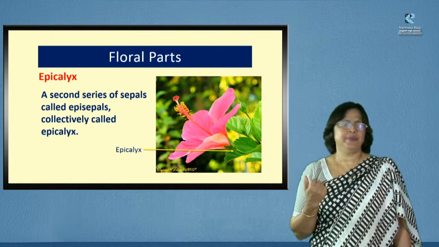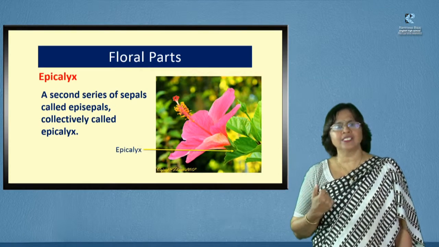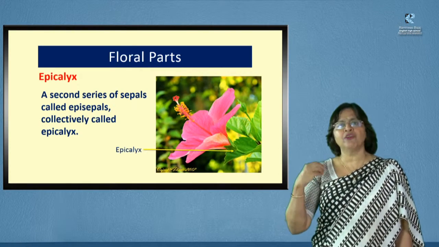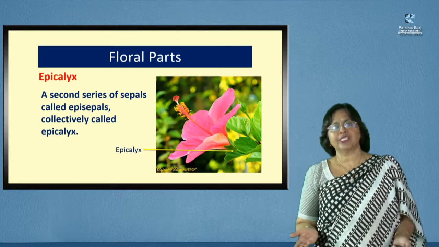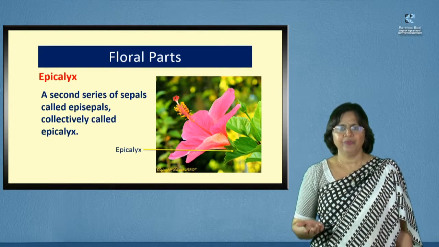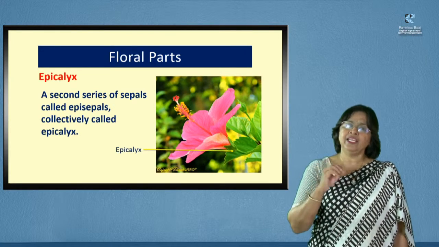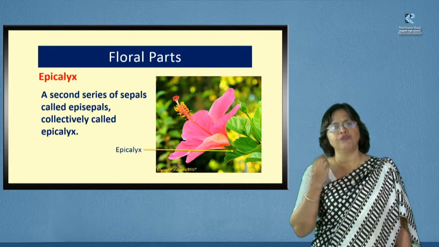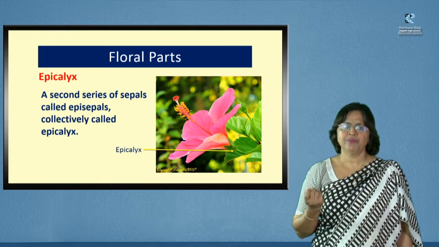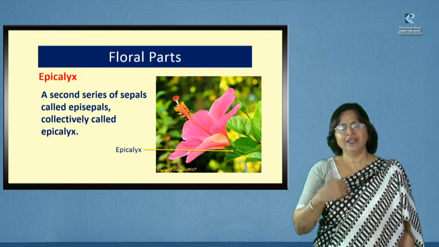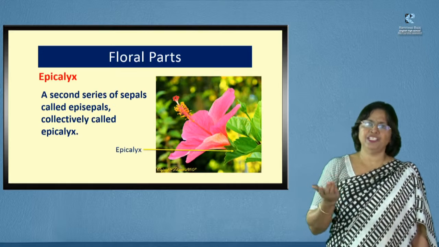The epicalyx. Not all flowers have an additional green leafy structure outside the sepals, outside the calyx. But some flowers do, like the shoe flower, which has an additional whorl of fine small leafy structures called episepals, epi meaning outside, in addition to.